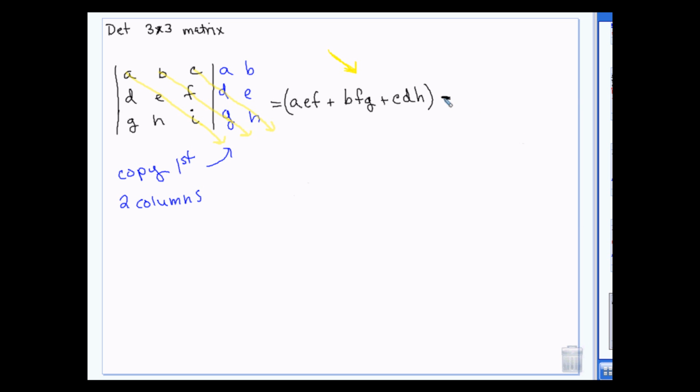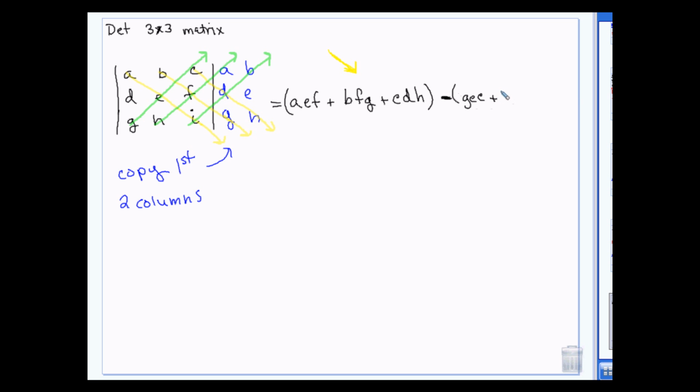From that we subtract, and I'll do green, upwards green diagonals. So you have G times E times C, H times F times A, and let me rewrite that a little closer together so it's not so crowded, sorry.